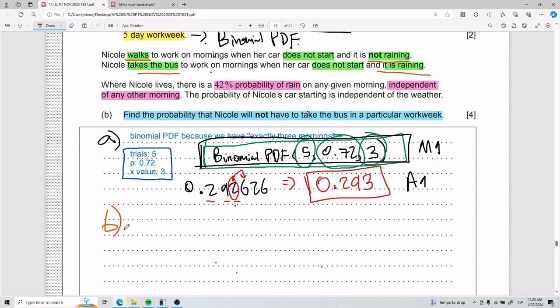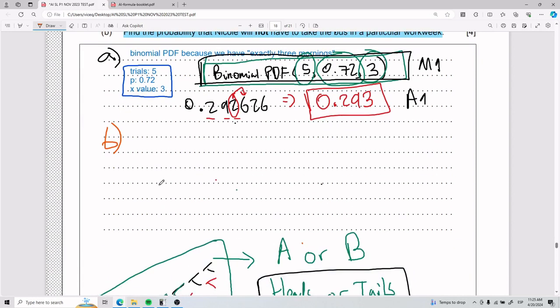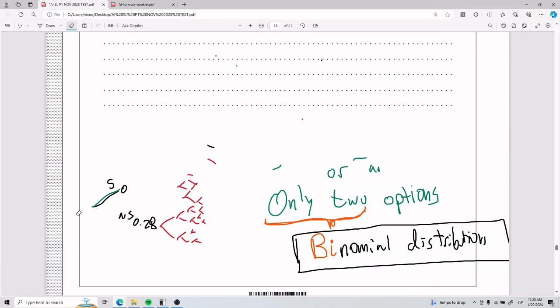So we talked a little bit about how a tree diagram helps a lot for one thing happening or the other thing not happening, right? And so I filled it up with car starting, not starting, car starting, not starting. But you can also use a tree diagram for two independent events, okay?